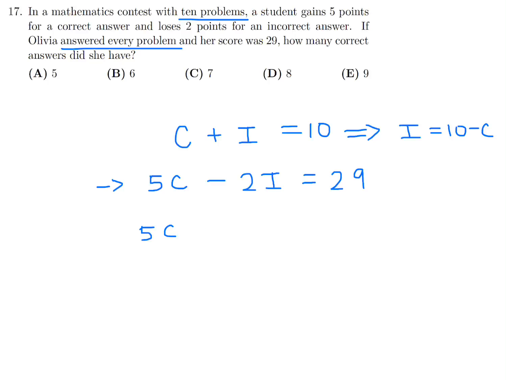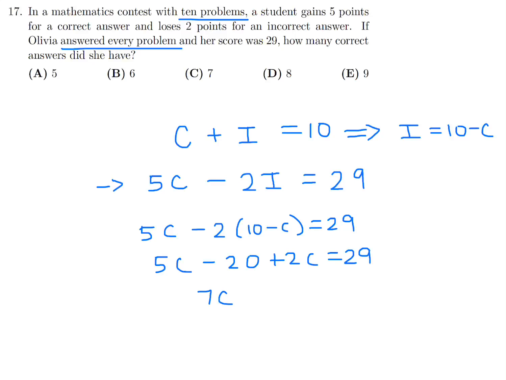So 5C minus 2I, 10 minus C, is equal to 29. So 5C minus 20 plus 2C is 29, and therefore 7C is equal to 49, and C is equal to 7. So she answered 7 questions correct, and that would be for number 17, choice C.